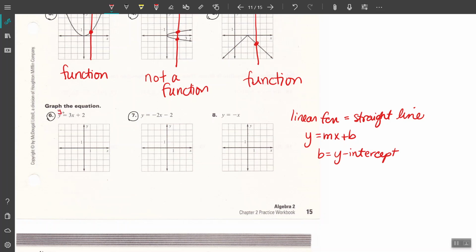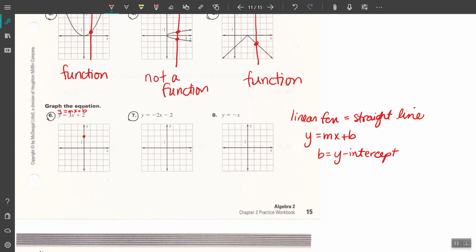If I write that y equals mx plus b over top, you can see that positive 2 is our y-intercept. So we're going to start there. That's where it crosses the y-axis, at that 2.